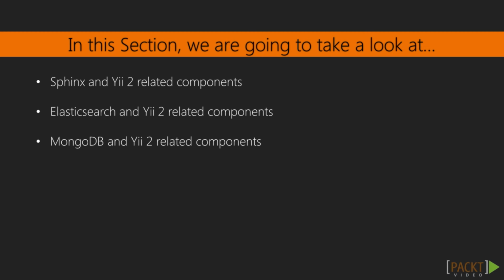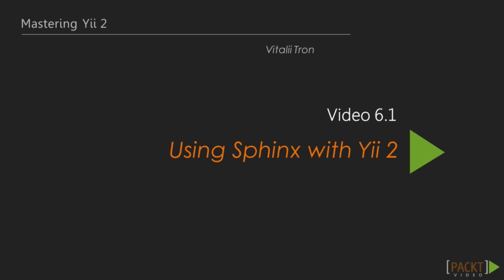In this section, we will consider some of the most popular software for full-text search: Sphinx, Elasticsearch, and MongoDB. What is interesting is that the Yii2 framework has its own components to support each of these engines. And now, let's move on to video 6.1, Sphinx and Yii2 related components.